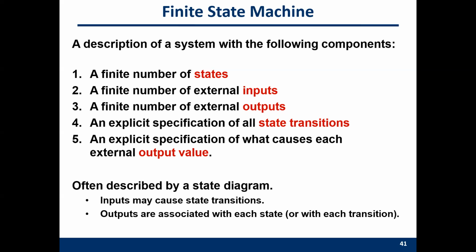So typically, when the machine receives one input, it will move to another state. And the outputs are associated with each state. So you can generate different outputs by multiple states.